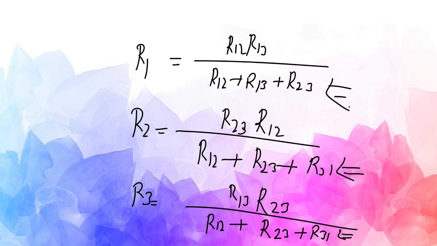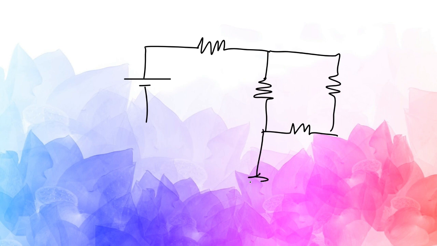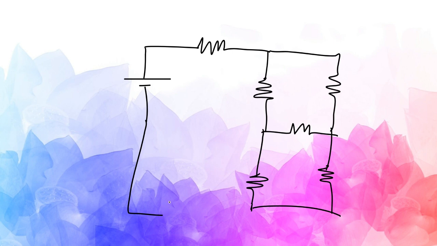Now let me show one example of how it makes a circuit simplified. So let us understand, there is a voltage source, and there is a resistance like this. There is one more resistance here, one more resistance here, one more here, and one more here.